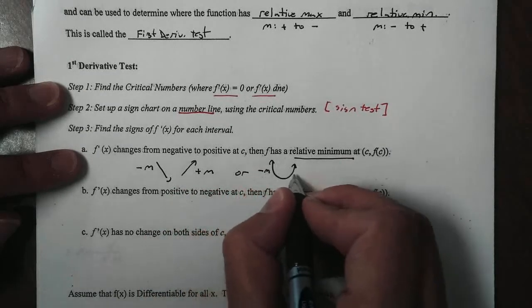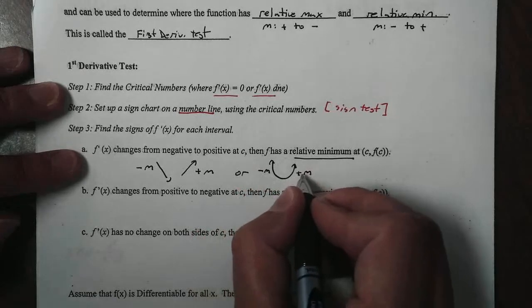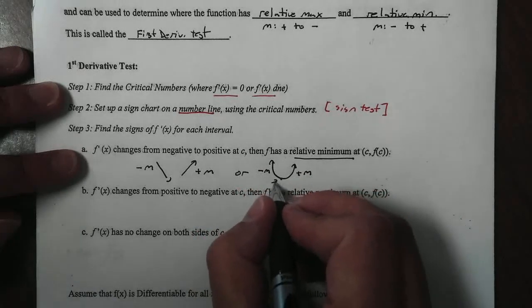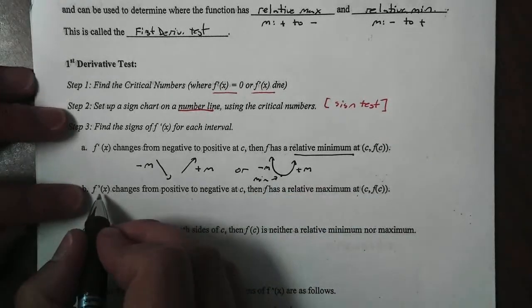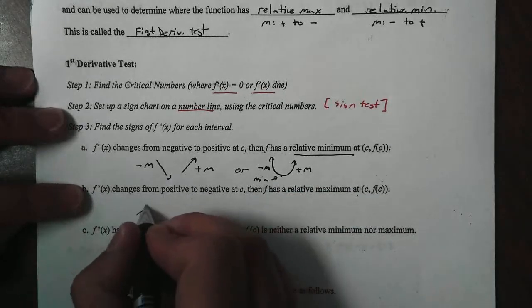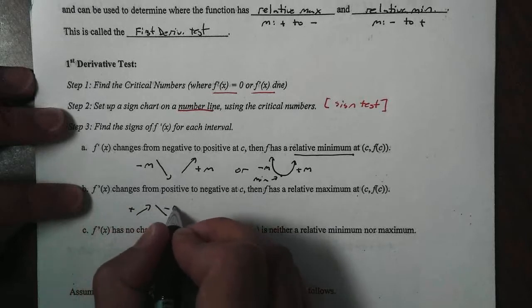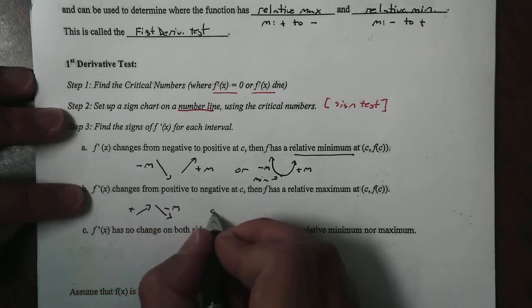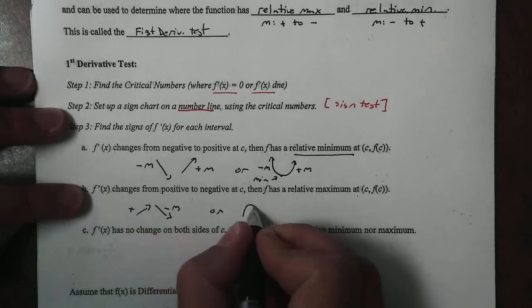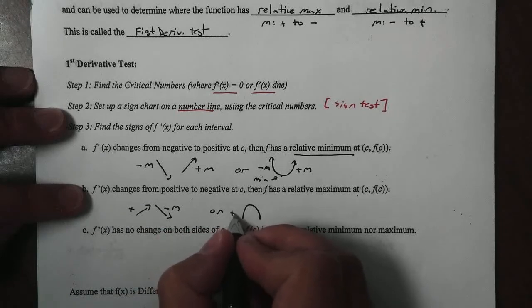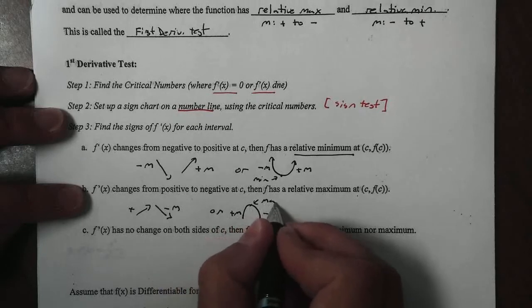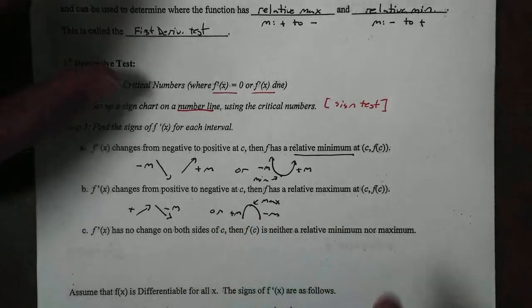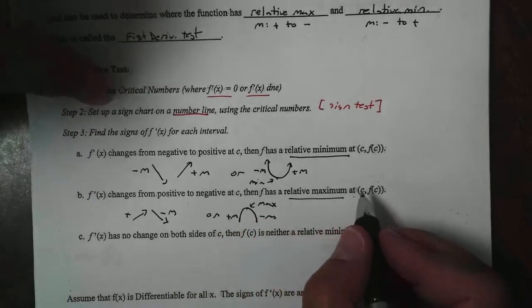We'll have a negative slope, a positive slope, and there is our minimum at the bottom. If the derivative, the slope, changes from a positive slope to a negative slope, then we have a relative maximum. Positive slope, negative slope on this side, and there's our maximum in the middle.